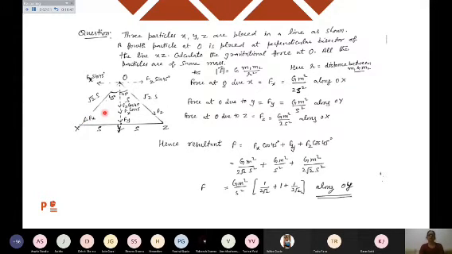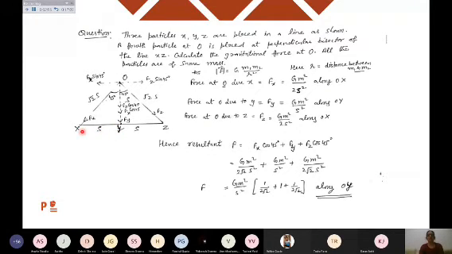And force due to Y will be towards Y. This is the direction of Fy I am showing. Fx is towards X, Fy is towards Y, Fz is towards Z. And now if I want to write the magnitudes, distances are already written in this diagram. This is S, this is also S.